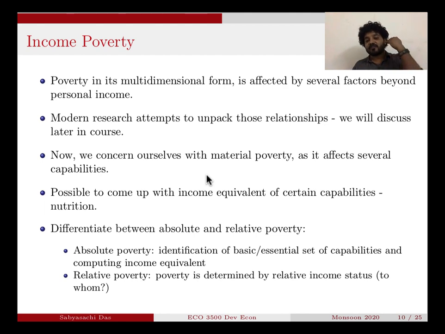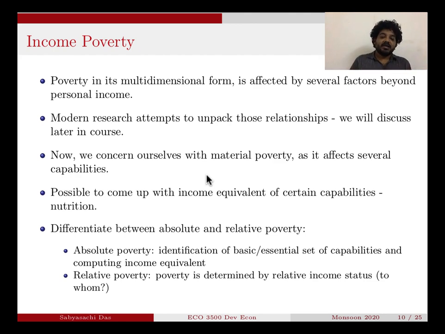So suppose if you have minimum nutrition standards that you need to meet in order to remain healthy or not fall sick, then you need to find out what is the minimum income you need in order to attain that nutrition level, and that could be one measure of absolute poverty. So if your income is below that minimum level, then you are absolutely poor, okay? Poor in the absolute sense.